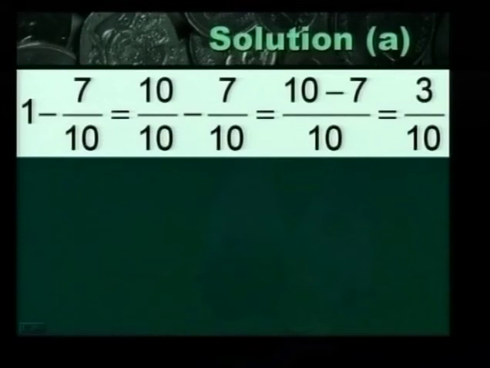Yes. Subtract 7/10, which is equals to 10 minus 7 over 10, and your answer will be 3/10. 3/10 is the area not covered with water.